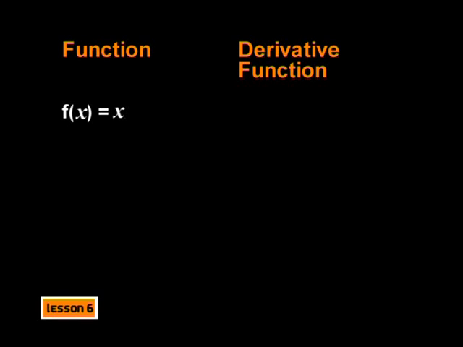And in the task for the previous lesson, we showed that when the function is f of x equals x, then the derivative f dashed of x equals 1, and when f of x equals a, where a is a constant, then the derivative is f dashed of x equals 0.